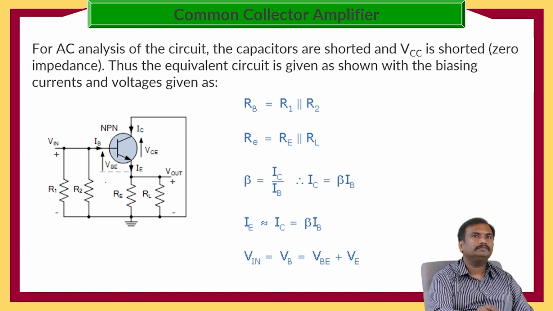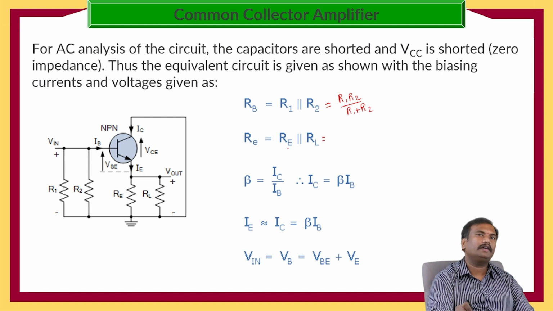So here the resistances R1, R2 are connected to the input side, and RE and RL are connected to the output side. Here the base resistance RB, these two resistors are connected in parallel, where RB is equal to R1 in parallel with R2, that is equal to R1 R2 by R1 plus R2.